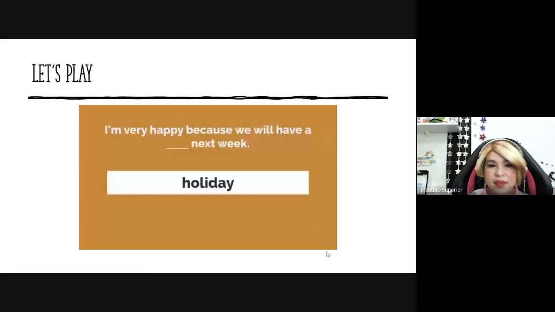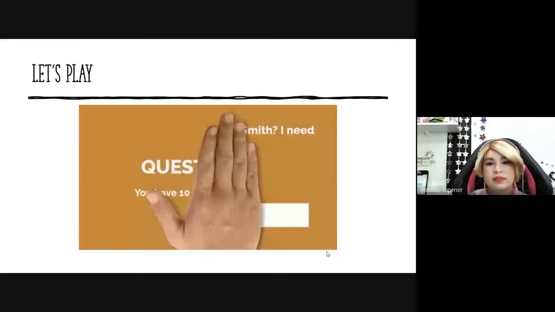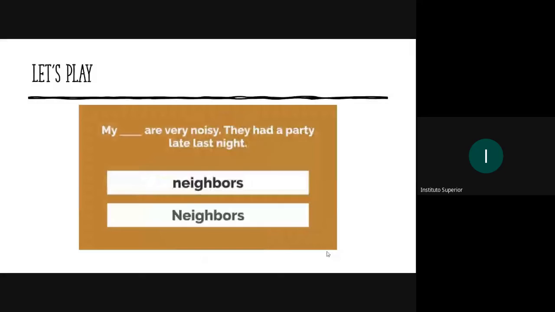Our teacher said that we are going to have a test on option 1 or option 2. Option 2, we always capitalize the days of the week.